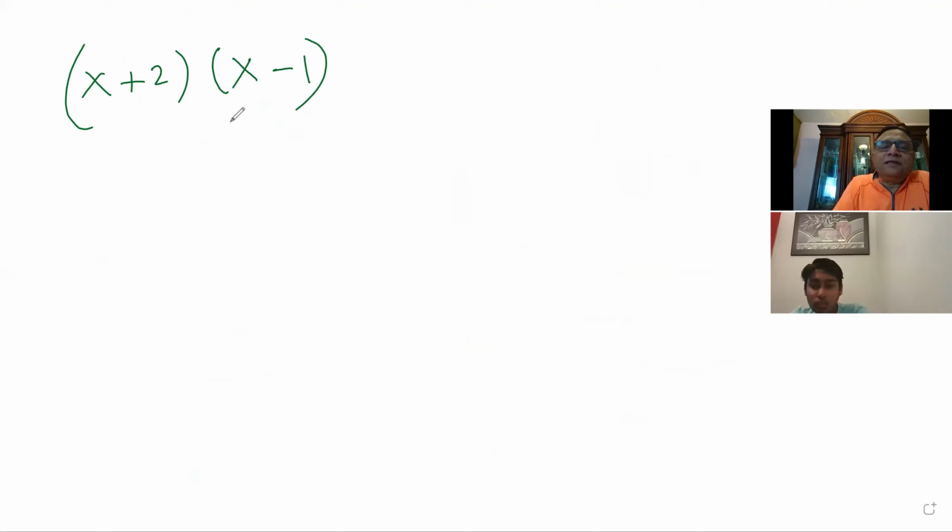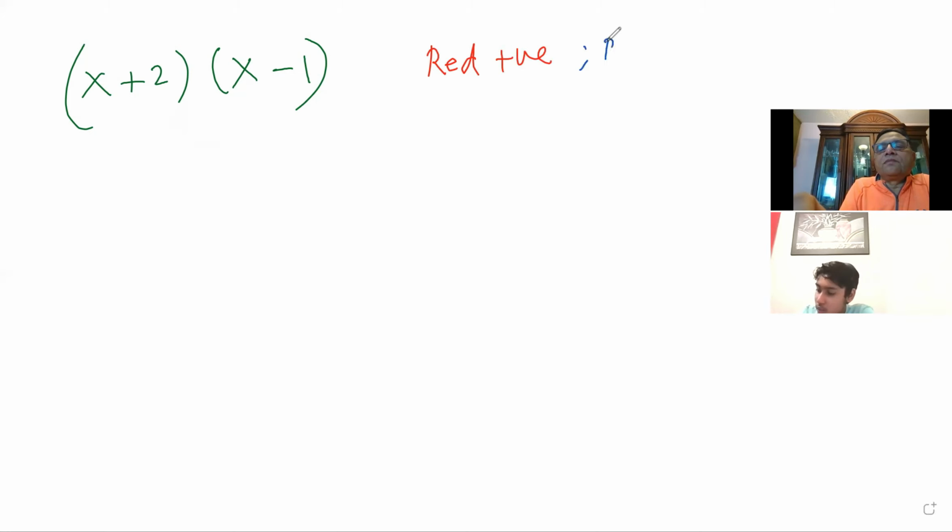So, one way is we can use a different color for minus. Is that okay? Okay, sir. Let's use red as, let's say, positive, and let's say blue as negative. Is it clear?